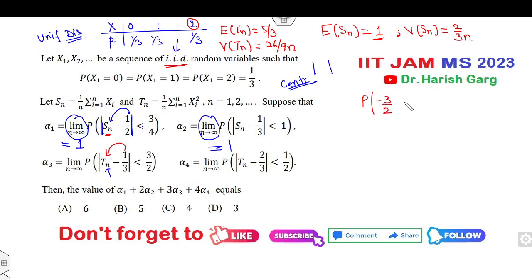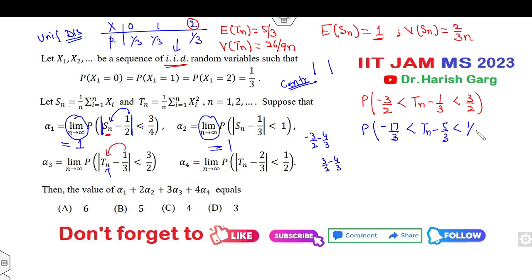Probability of minus 3 over 2 minus 1 over 3 plus 3 over 2. Since I need a 5 over 3, I can subtract 4 over 3 on both sides. So minus 3 over 2 minus 4 over 3, so 9, 8, 17 over 3. Fine, this is my 5 over 3. And this is 3 over 2 minus 4 over 3, so 9 minus 8, 1 over 6.